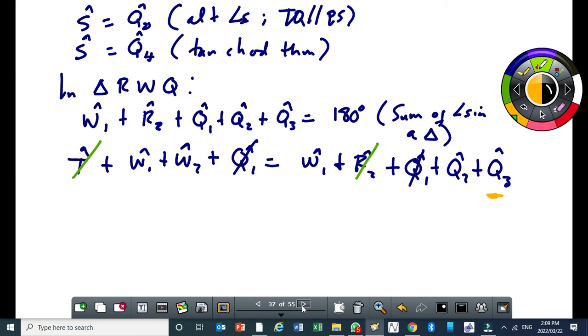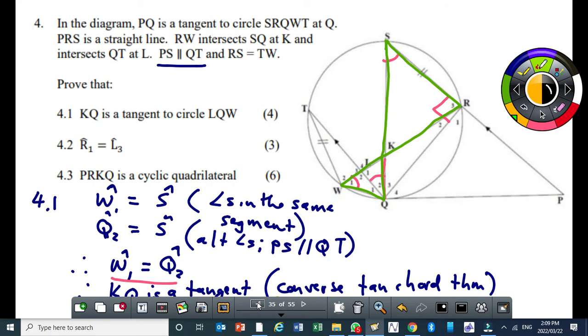Because R2 is equal to that, they cancel out Q1 and Q1. I need to prove that this is equal to that. I don't want them to cancel because, remember, the objective is to get to W1 equal to Q2.